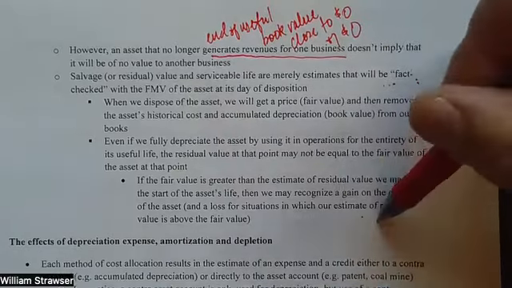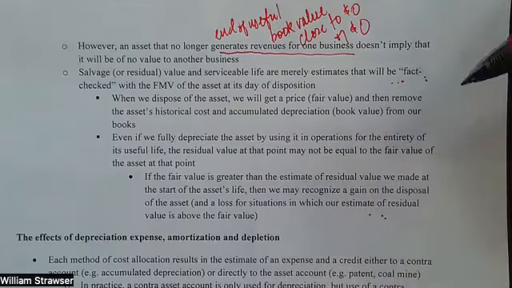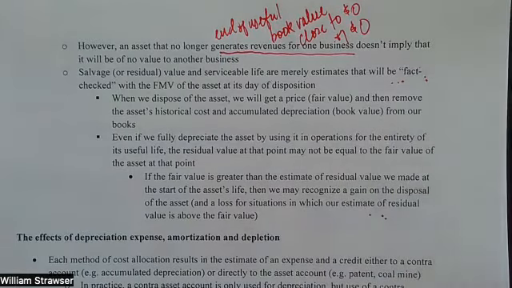You can read through that. I don't really want to get into it. It gets a little too complicated for a pretty simple concept. Basically, depreciation does not get me to the fair value of the asset, even though if we have a salvage value, then that salvage value should be our best guess of fair value at that point. Remember that that salvage value was created years and years and years ago.